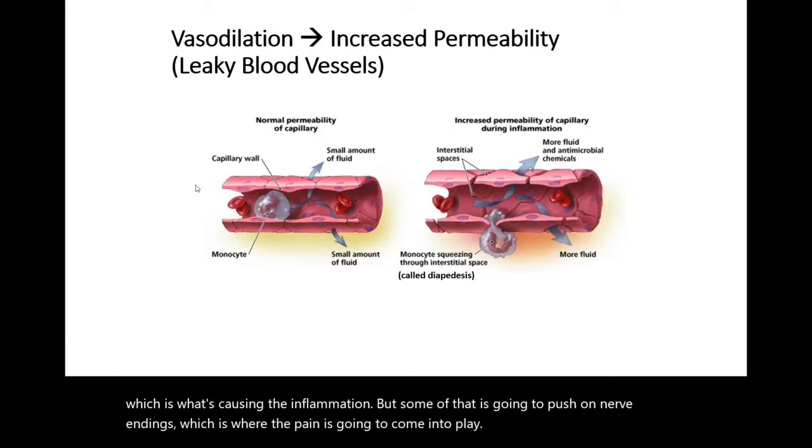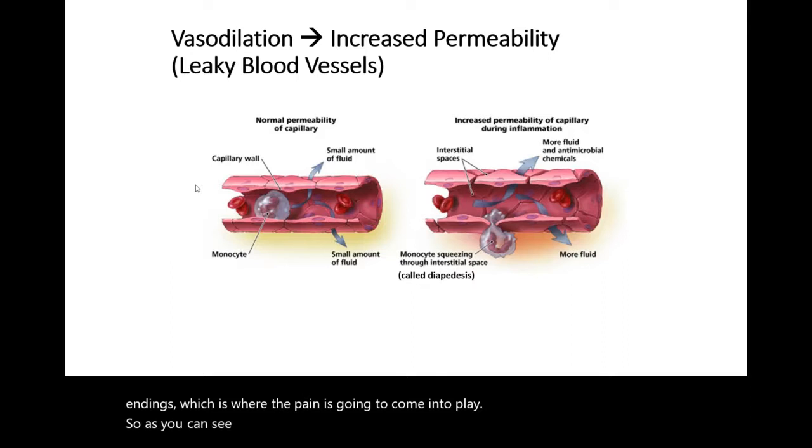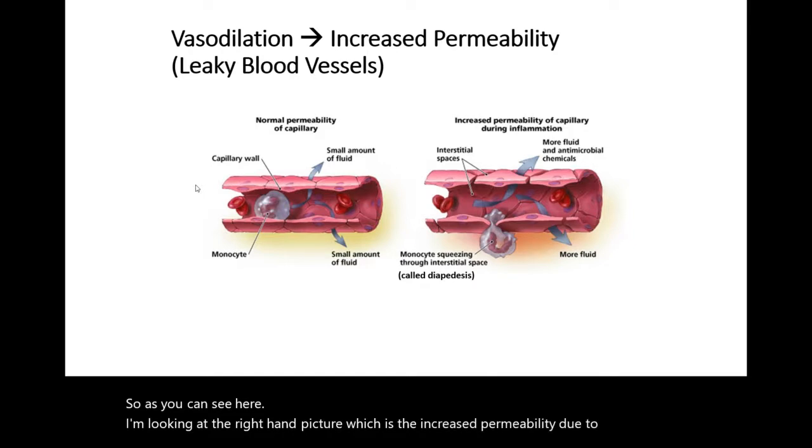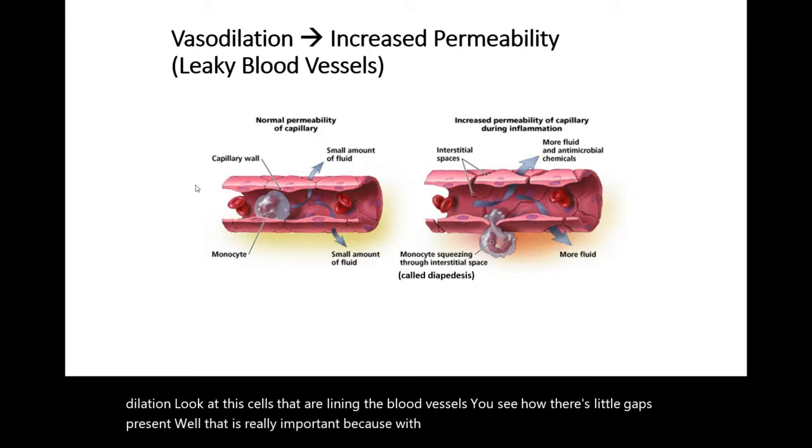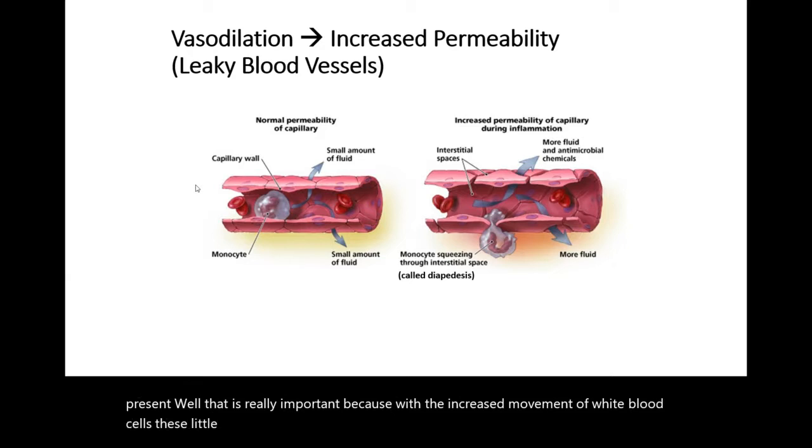So as you can see here, looking at the right-hand picture, which is the increased permeability due to vasodilation, look at the cells that are lining the blood vessels. You see how there are little gaps present? Well, that is really important because with the increased movement of white blood cells, these little gaps are going to allow those phagocytic cells to be able to squeeze through the vessels and get to the site of infection, okay?